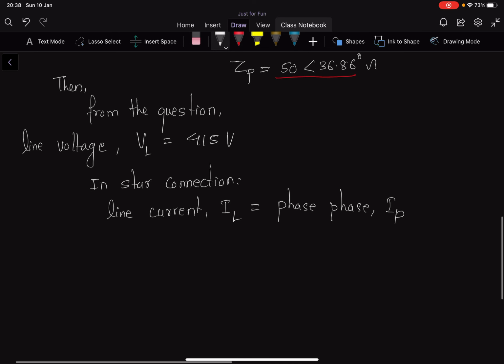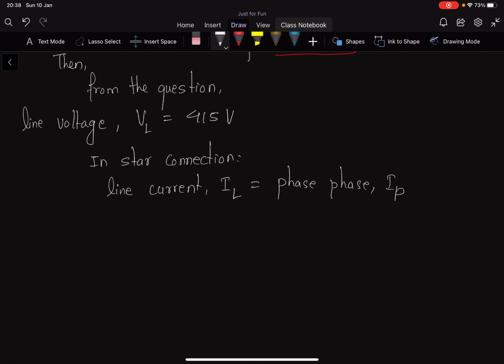And your line voltage, which is VL, is root 3 times VP, your phase voltage.